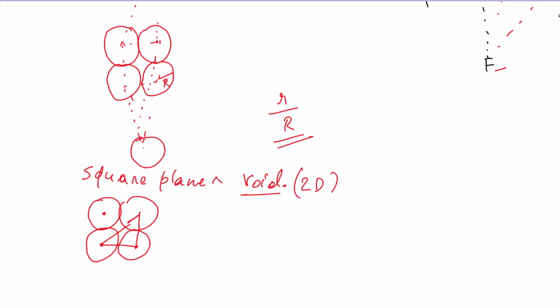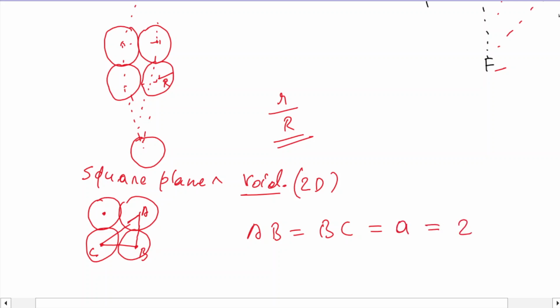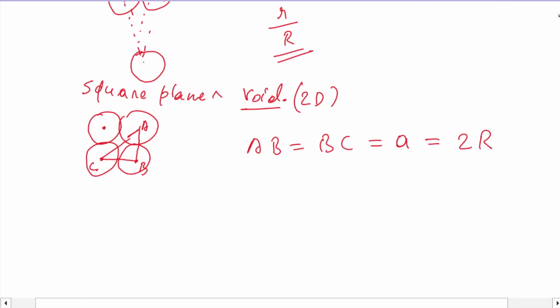If I name this triangle ABC, and A, B, and C, here AB is equal to BC, that is equal to a, and that is equal to 2R. Okay, so this is clear.